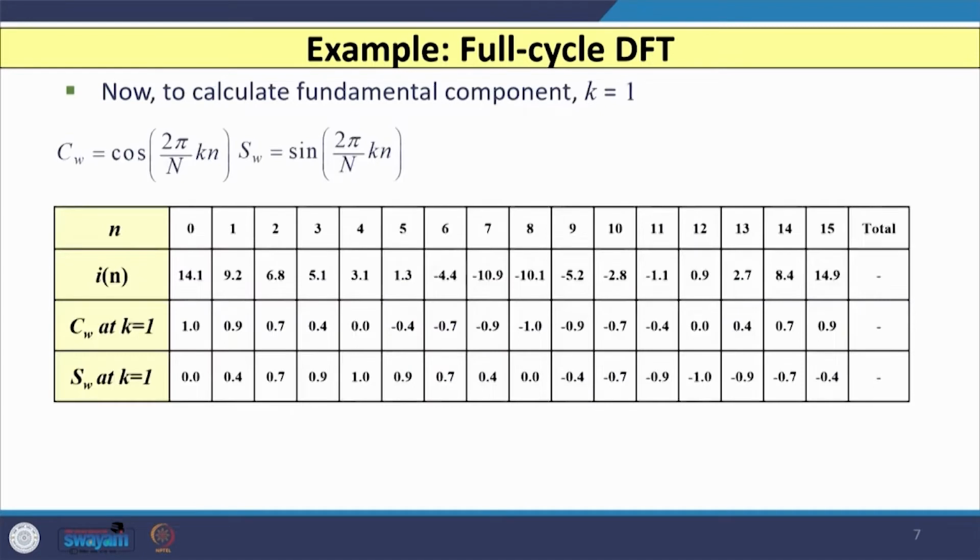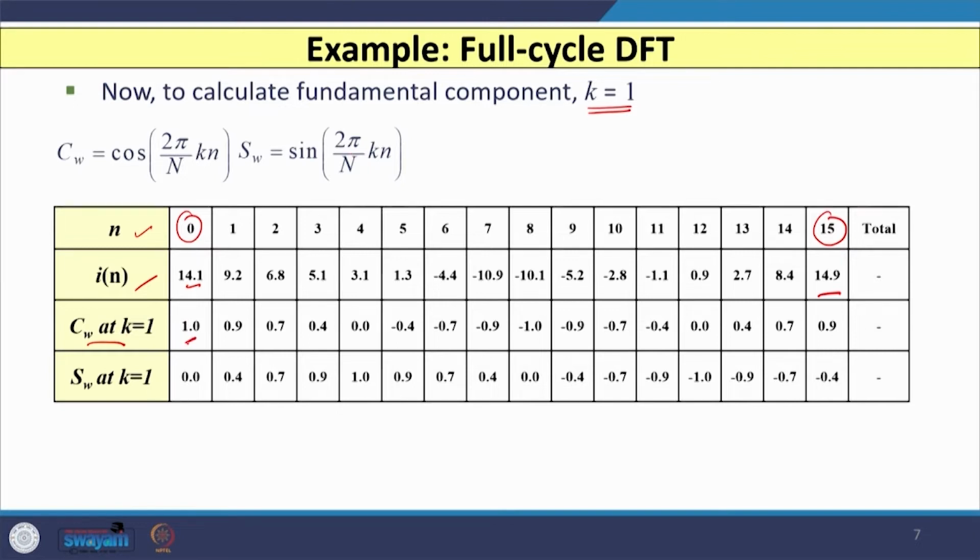Now, let us calculate the phasor of the fundamental component. For that we have to use k equal to 1. When n varies from 0 to 15 and we have I_n already given for each sample, then C_w for k equal to 1 can be obtained like this.